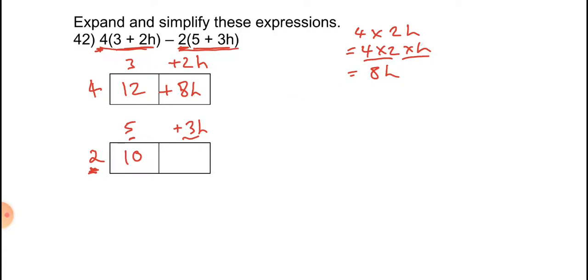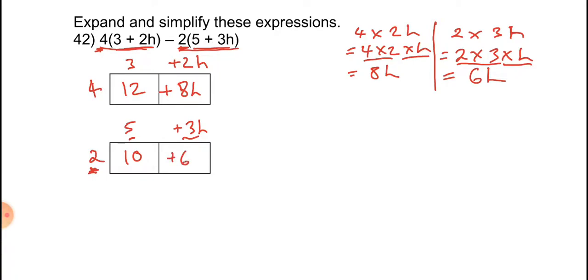So if we look at this a bit more closely, we're going to do 2 times 3h, which is the same as saying 2 times 3 times h, which is the same as saying, well, 2 times 3 is 6, and then times h would just be 6h, and because it's positive it will be plus 6h.